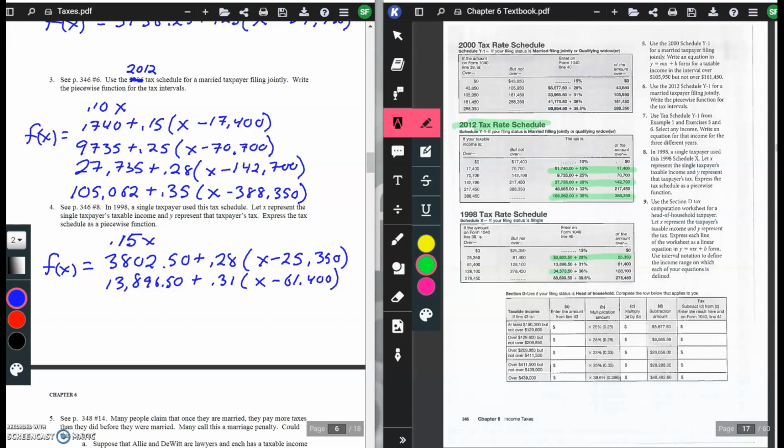Then your next one at the 36% rate, minimum tax of $34,573.50 plus 0.36, 36% of the dollar amount over, x minus 128,100.